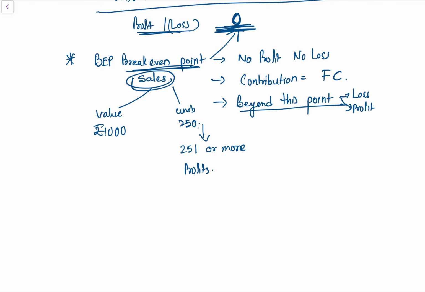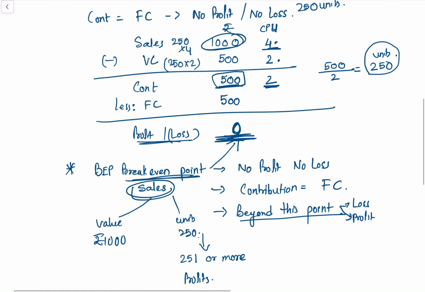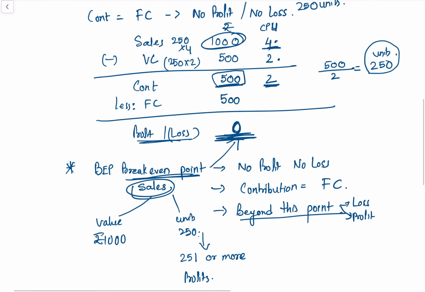But if we sell less than 250, we will make losses. This assumption holds keeping all these values constant: the variable cost per unit, the selling price, and the fixed cost amount remain constant. Then this will be the case.